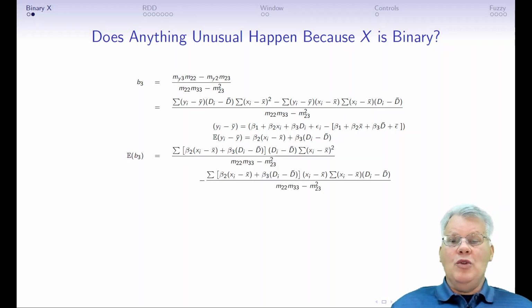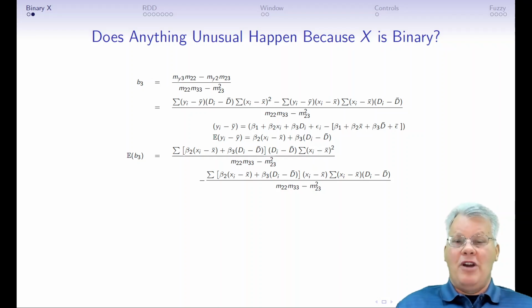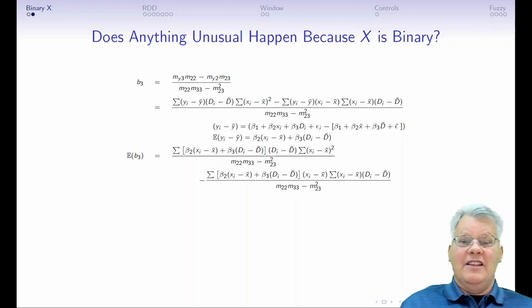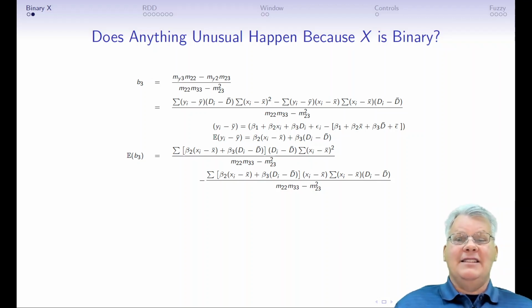So if I now take the expectation of b3 and put that last line substituted into the right-hand side of b3, I get this expression that's here. And since this is just such a long computation, I had to break this into two separate lines. I broke it at the minus sign.